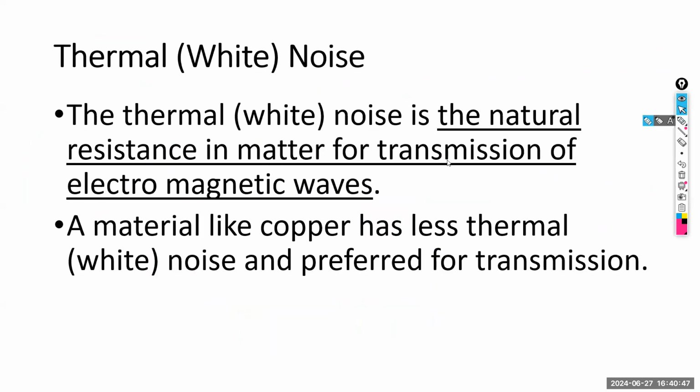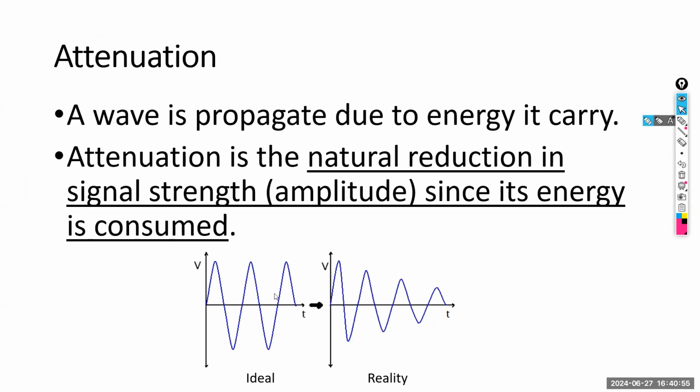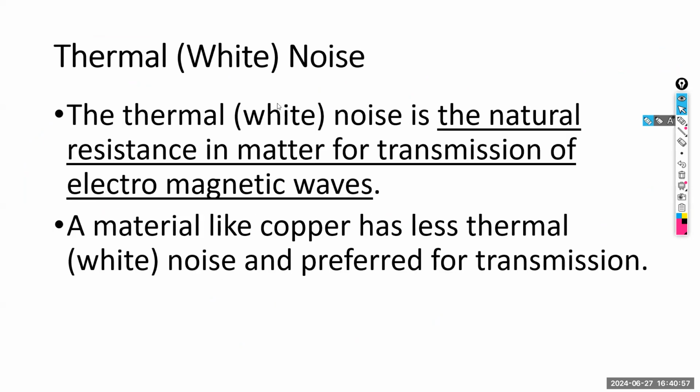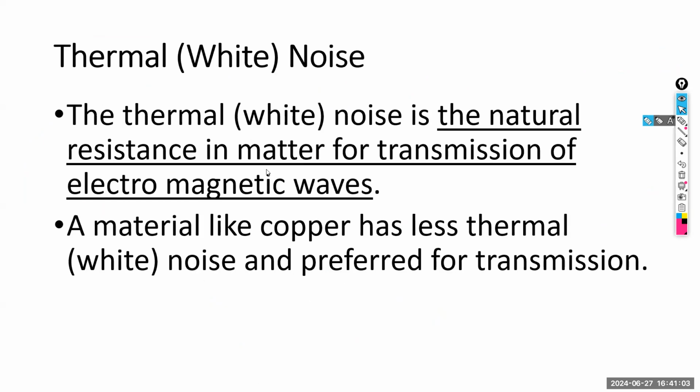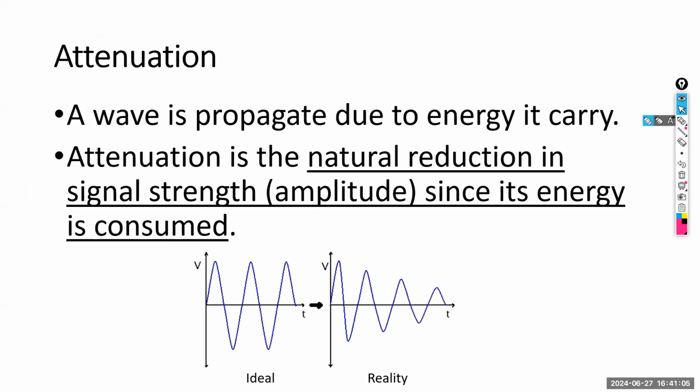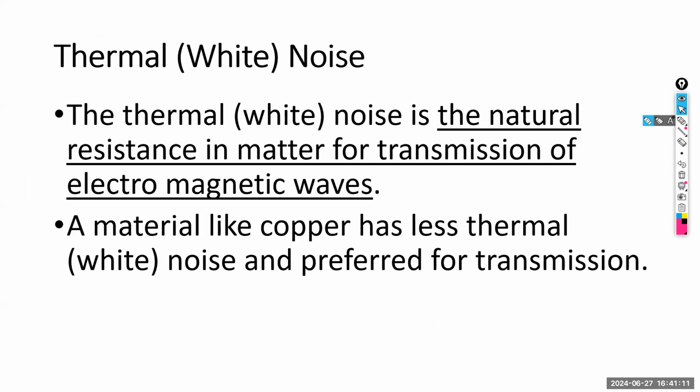Right. So the second one is called white noise or thermal noise. This is more a concept, but it is the reality or the reason for attenuation and other issues. Especially when the signal goes through something like copper wire, we call it white noise or thermal noise.